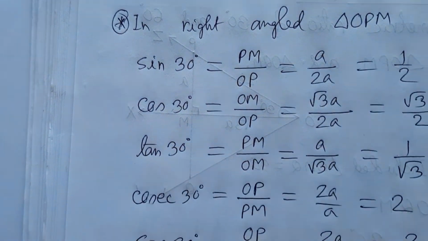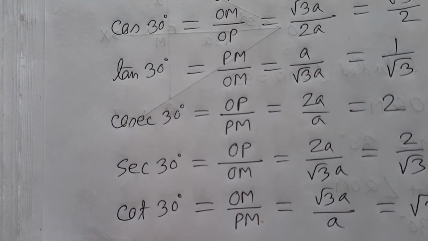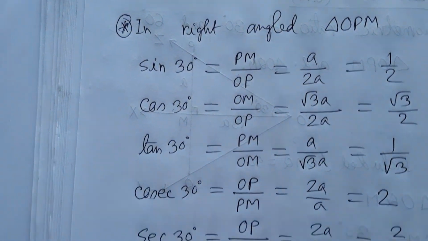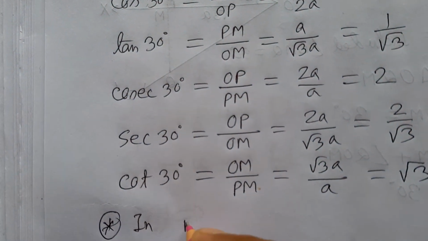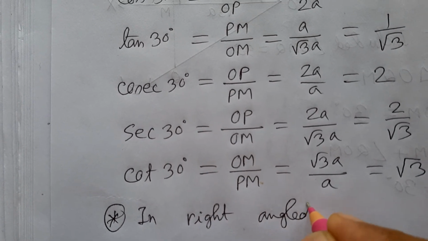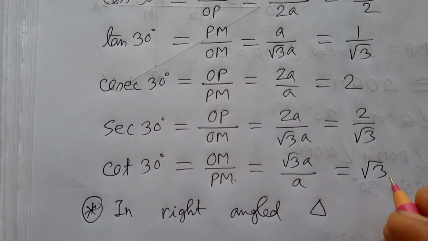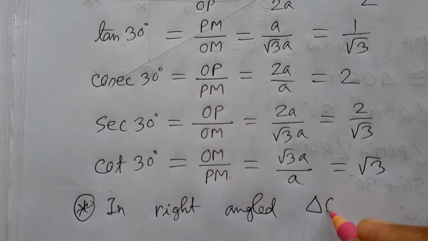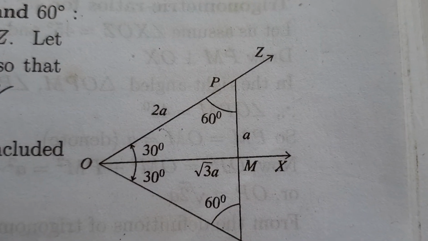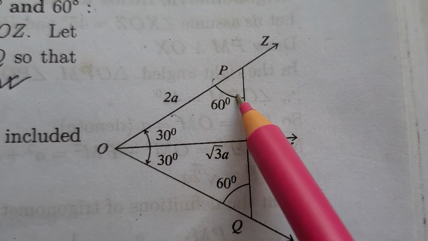if we go for the trigonometric ratio of 60 degrees, again we can write in the right angle triangle, the same figure, OPM. You can see in this figure, this angle is 60 degrees.